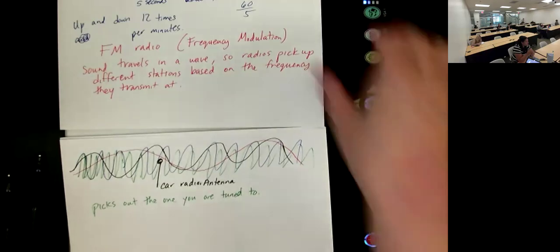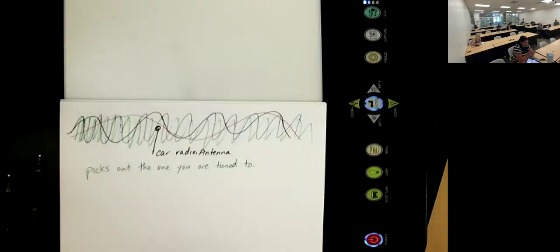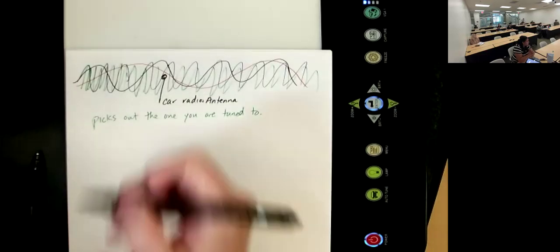Alright, so something else that happens in real life that's normal stuff is called damped harmonic motion. We're not gonna do anything with this, I just want to show you what it is.